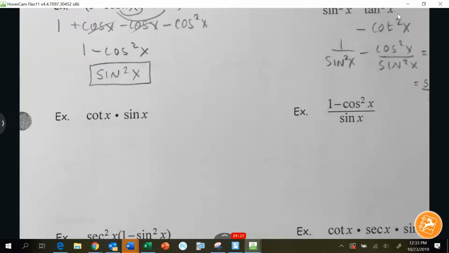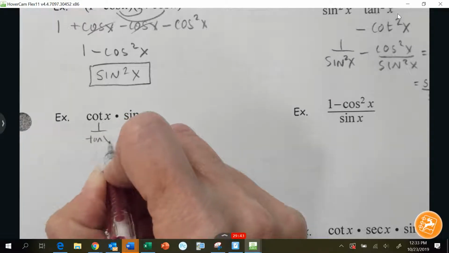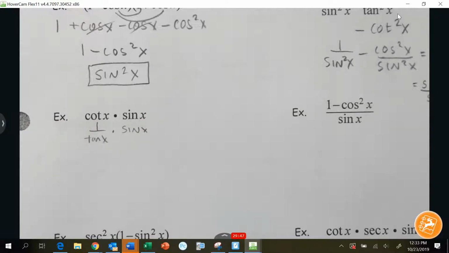Cotangent x equals something different, or sine x equals something different that might make sense on your front page? Cotangent equals 1 over tan. Okay, so if I change that to 1 over tan, is that helping me get it simpler?